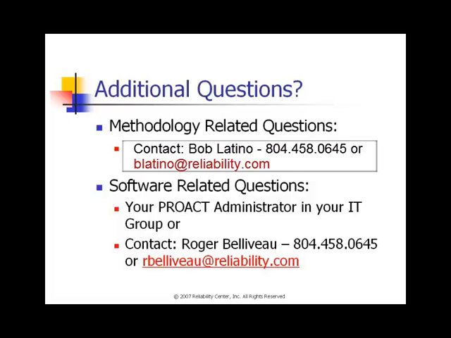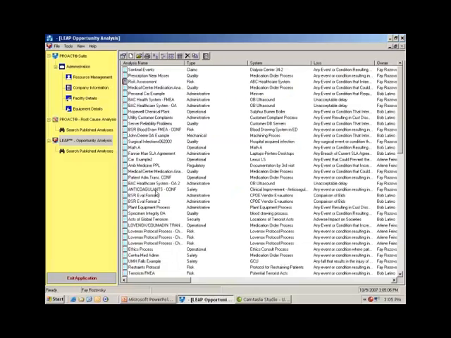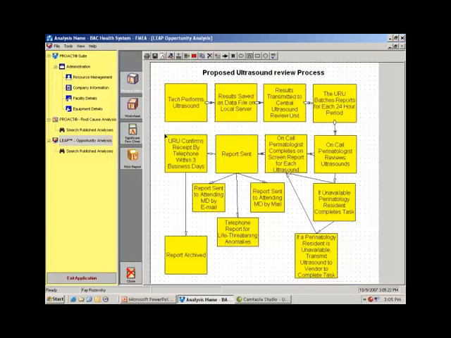Okay, I've taken you through the methodology side. Now what I'm going to do is quickly give you a glance of what you can expect to see when you go to these sessions using the software. You'll see in the yellow area off here to the left, the modules that we talked about, LEAP, and then PROACT RCA. What your facilitators are going to do, I will bring up a sample FMEA, is have you assist with constructing, or it may be done prior to your getting in there, the particular system that's going to be analyzed.